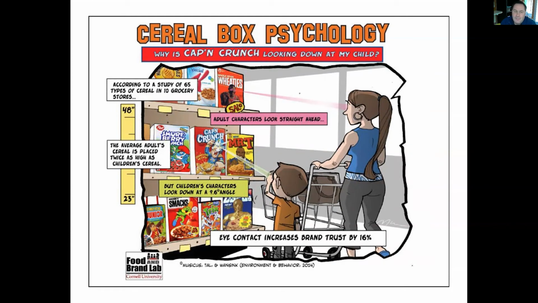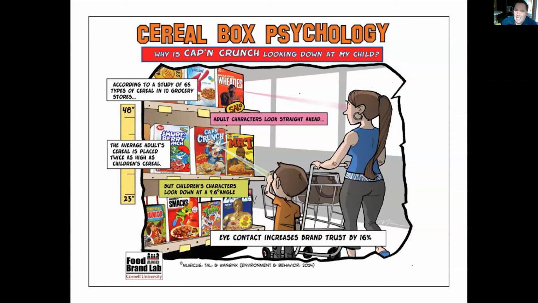Pay attention the next time you go to the grocery store. Where are the kids' cereals? Are they within reach of a kid? More than likely, yes. And also look at the eyes of the characters on them, because more than likely they are looking down towards the kid. So they maintain that eye contact.